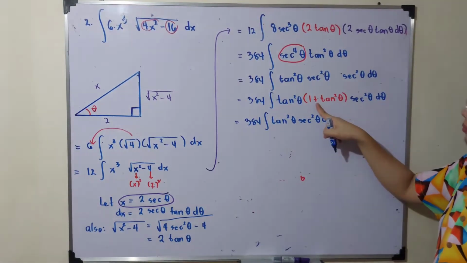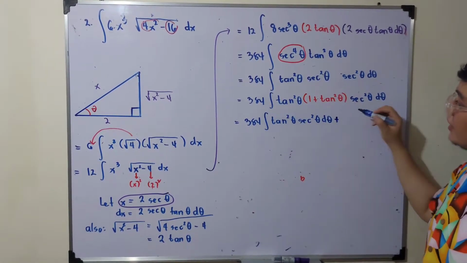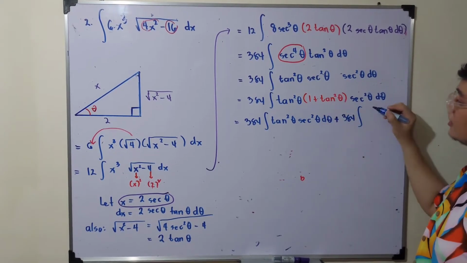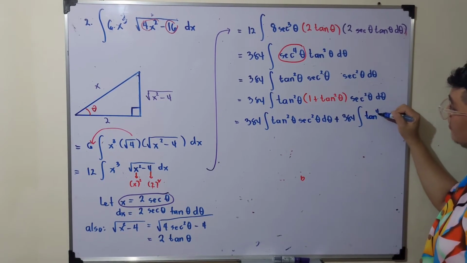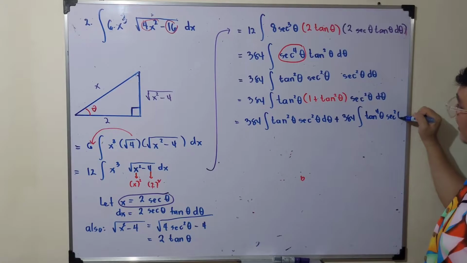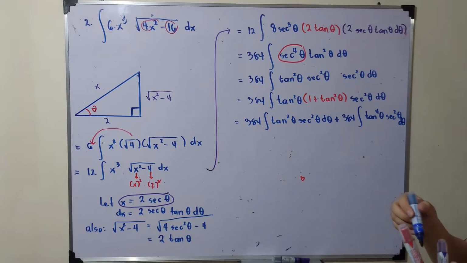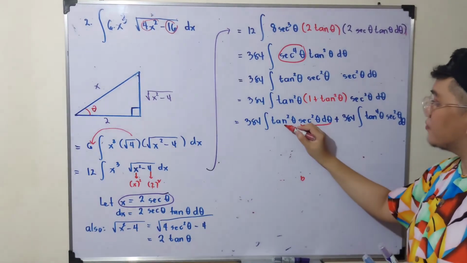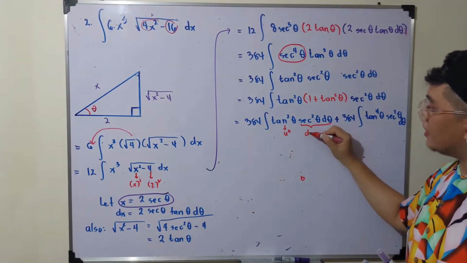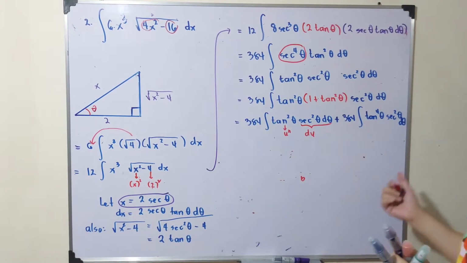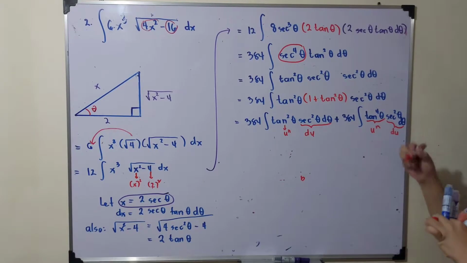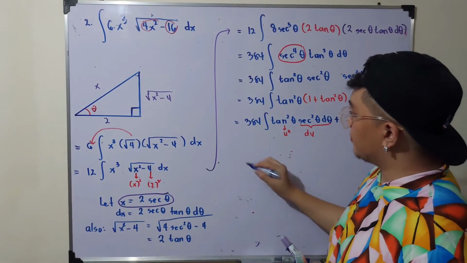Okay, so second term, plus 384 times the integral of, be careful with this, tangent to the fourth power of theta, and then secant squared theta d theta. That fits. Okay, this is easy now guys because it is a power formula: u raised to n du, exactly, no more integrating factor needed. Okay, we can now integrate.